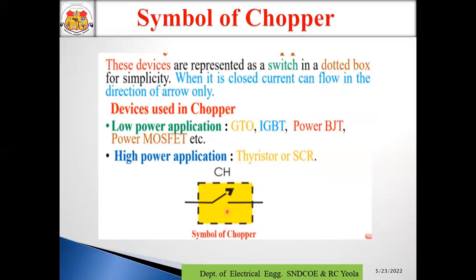So one is low power and the second one is high power. In this figure, you can see the switching diagram of the chopper. In that switch, you can see it is open and closed. So that is the symbol of the chopper.